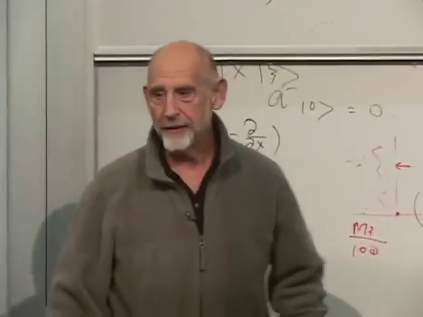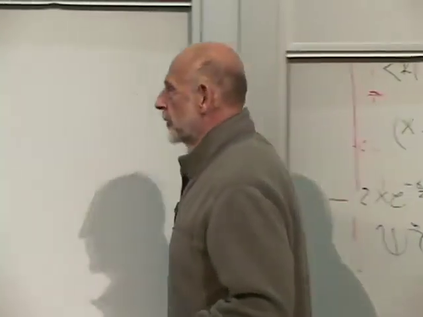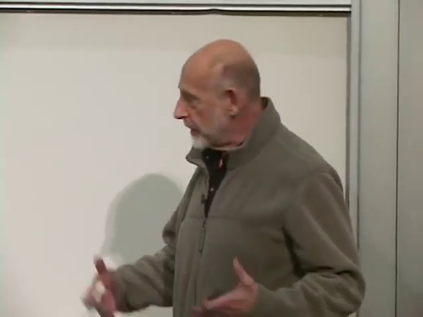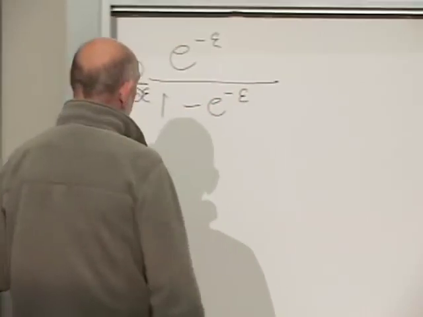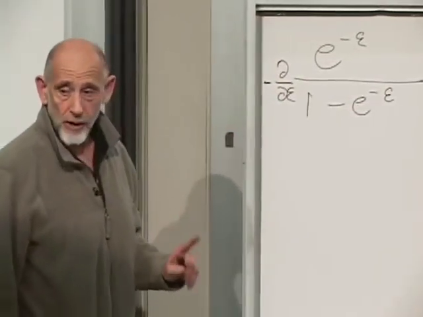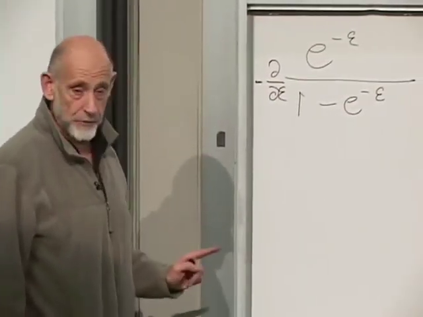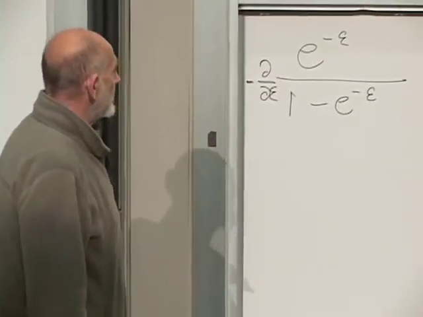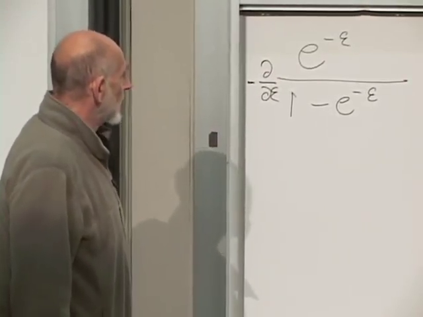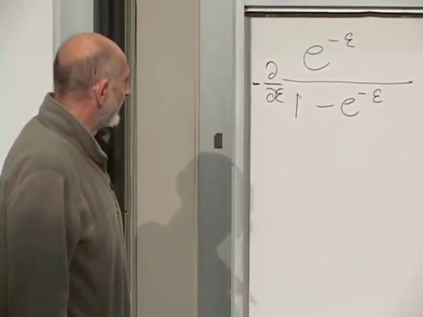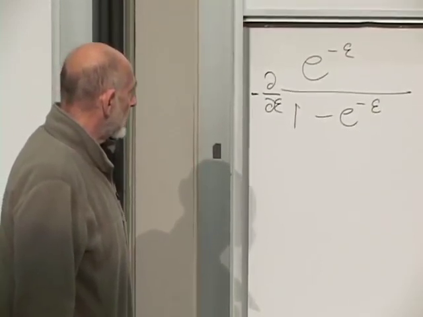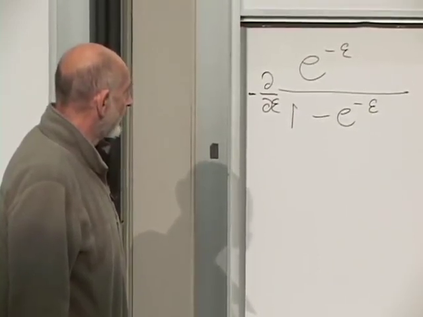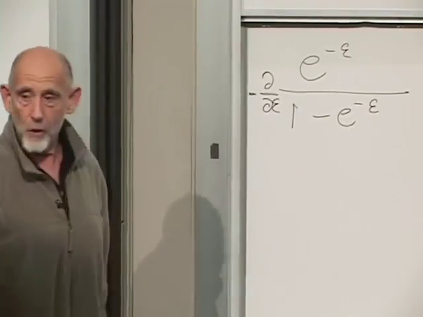Okay, this is something you can do at home for homework, but I'm going to show you roughly what happens. In the end, we're interested in small epsilon. So let's expand it for small epsilon.